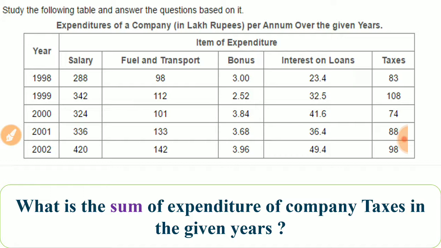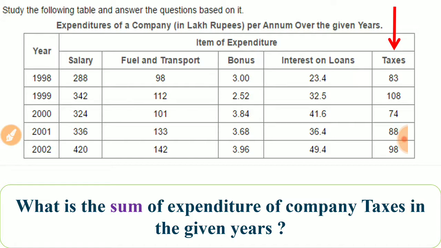So let's read the first question. What is the sum of expenditure of company taxes in the given years? In this question we know that it is talking about the sum of something. Sum of what? Sum of the company taxes. So where is the tax box? Tax box is here.